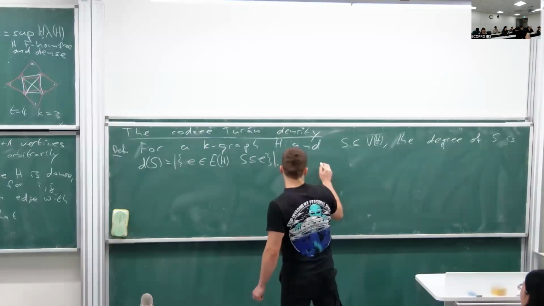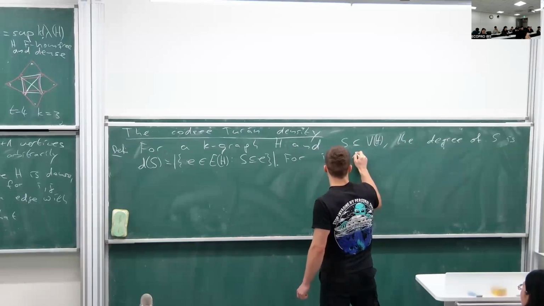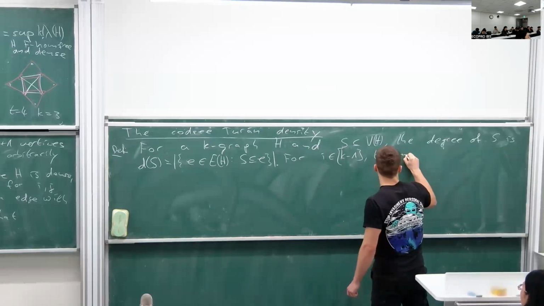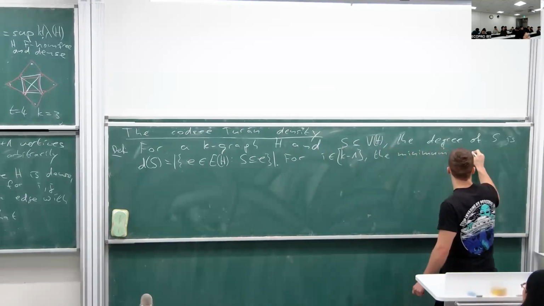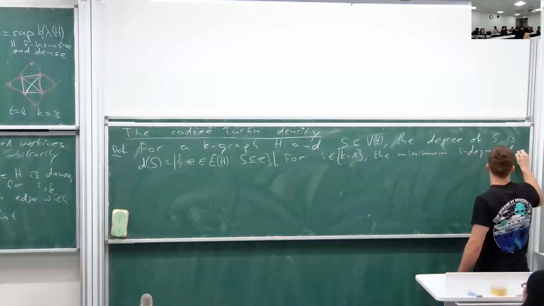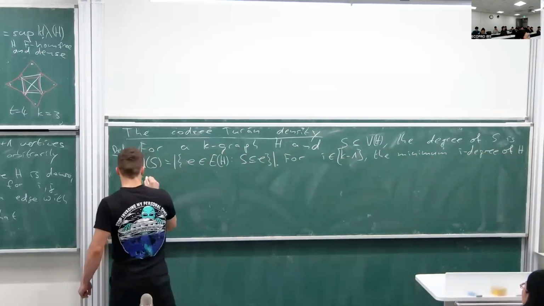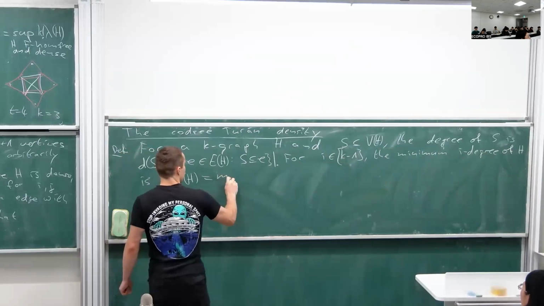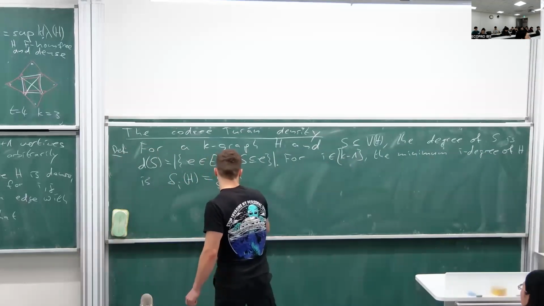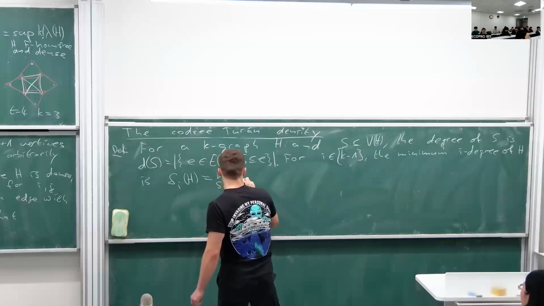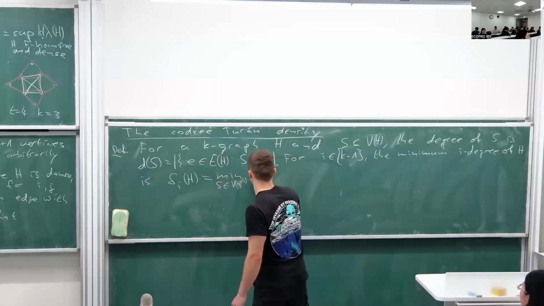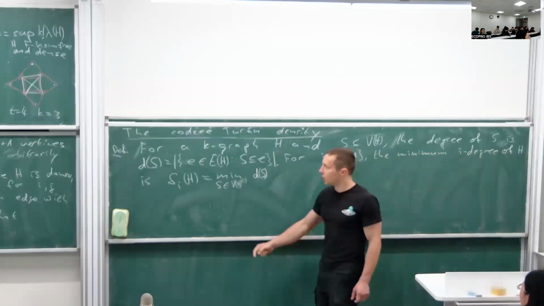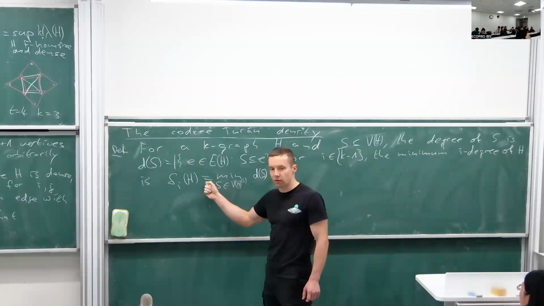So for i at most k minus 1, the minimum i-degree of H is delta_i(H), which is just the minimum taken over all sets of vertices of size i, and then taking the degree of S. Okay, and so these kind of conditions are also studied a lot for Hamiltonian cycles.